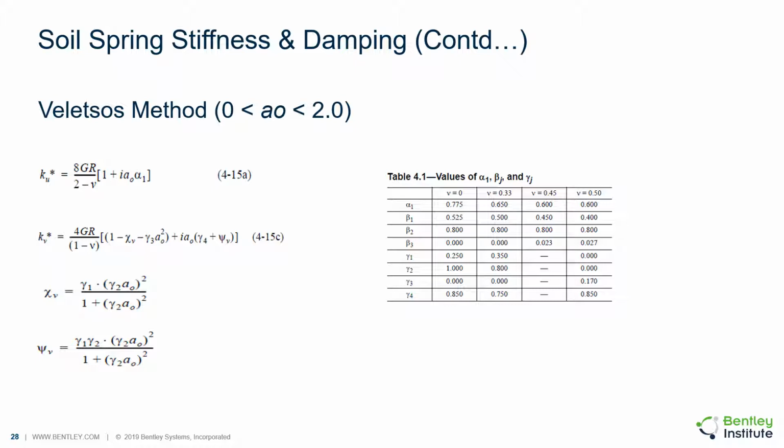The real part represents the soil stiffness and the imaginary part represents the damping. Equations 4-15a represent the horizontal stiffness. Equation 4-15c represents the vertical stiffness, and the terms like alpha 1, gamma 2, which are dependent on Poisson ratio, are taken from the table 4.1.